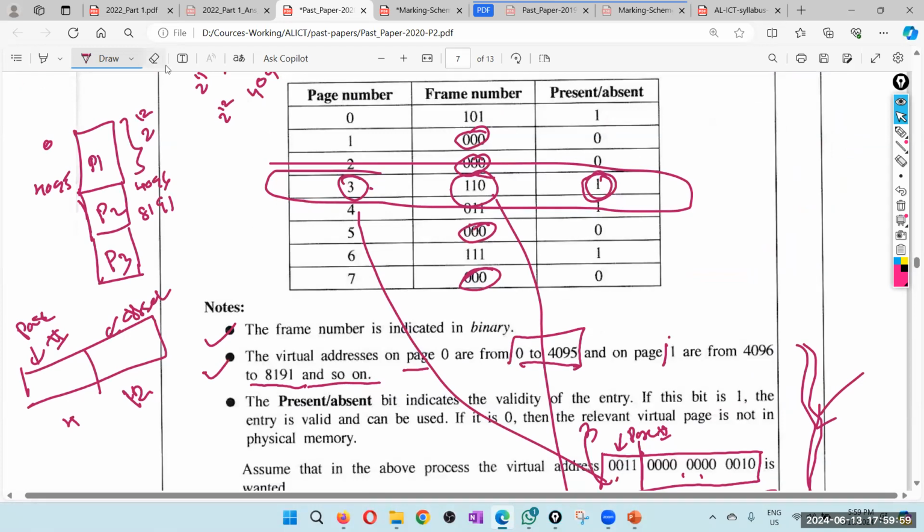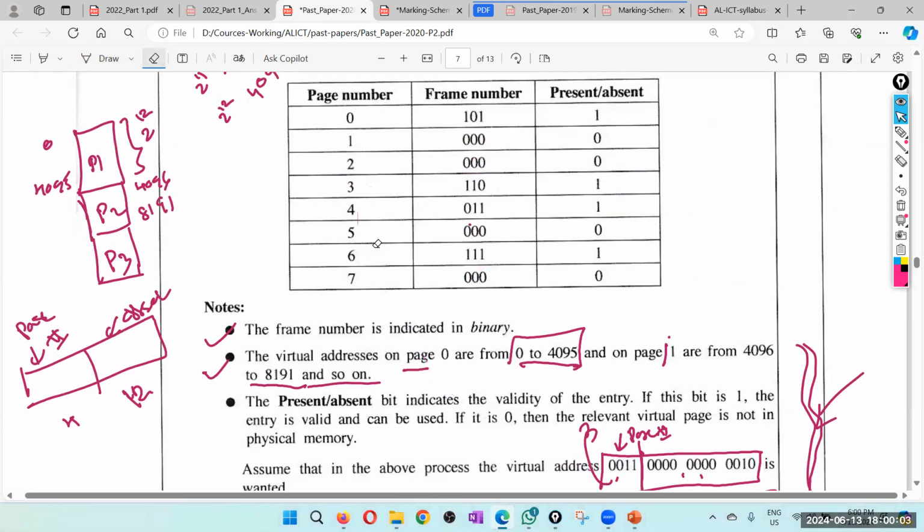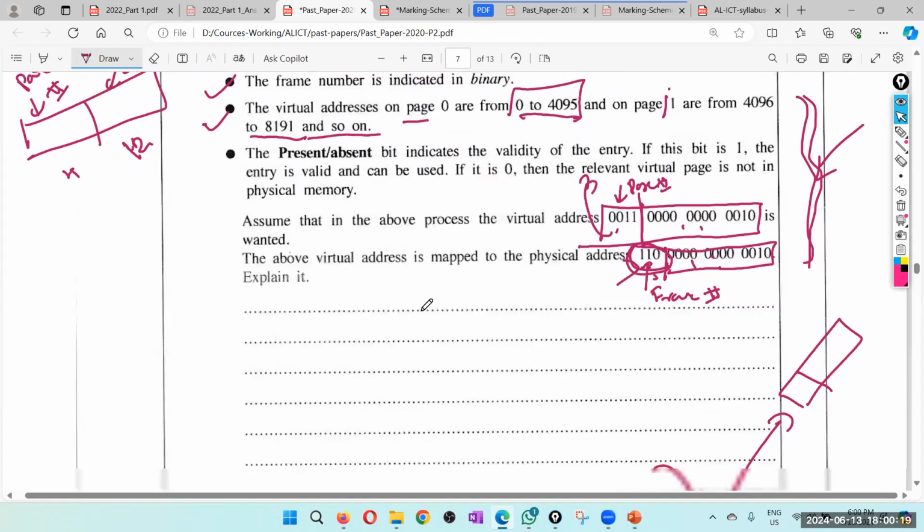Present absent bit of the page number 6 changed. So page number 6 is this one. You can see that the present absent bit is 1. Maybe it has changed to 0, because change means it has changed to 0. Right? Right. So let's read the question.